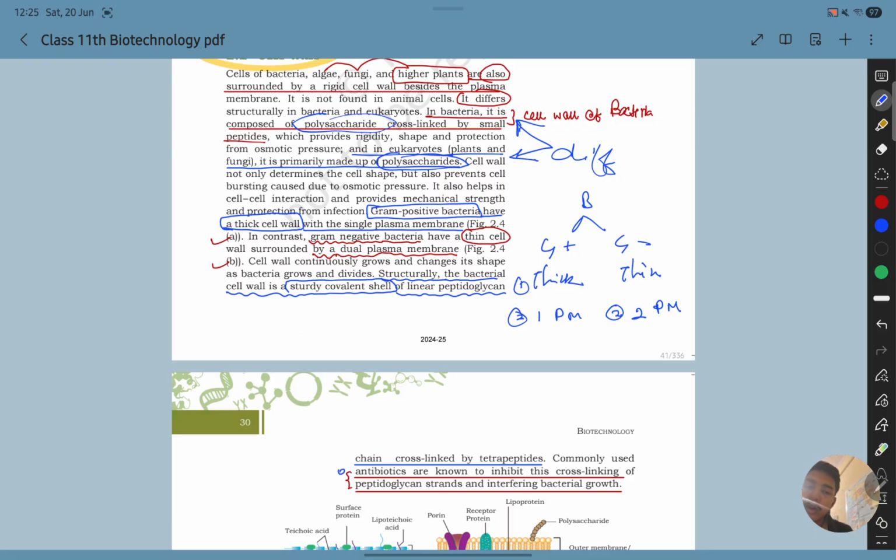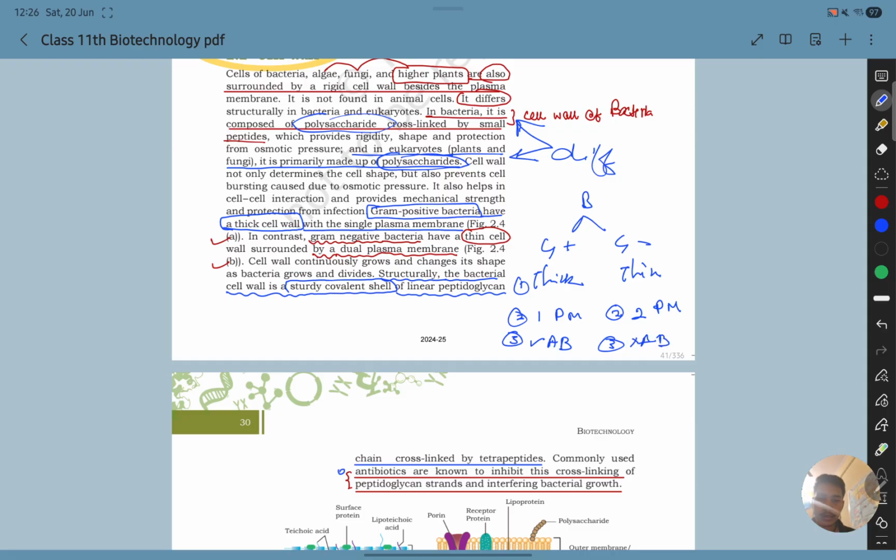Also, one more very important point: when we get ill, doctors give us antibiotics. These go inside our body and kill the bacteria. The gram positive bacteria are killed by the antibiotics, but in the gram negative they have no effect. Antibiotics work here and don't work there.